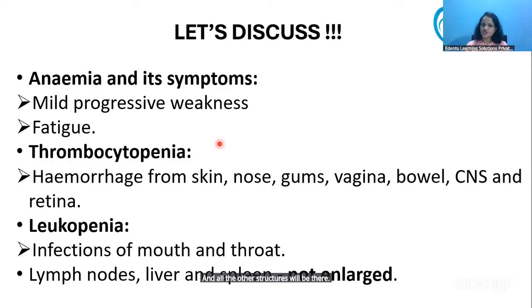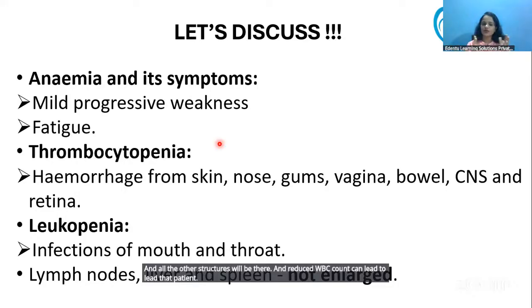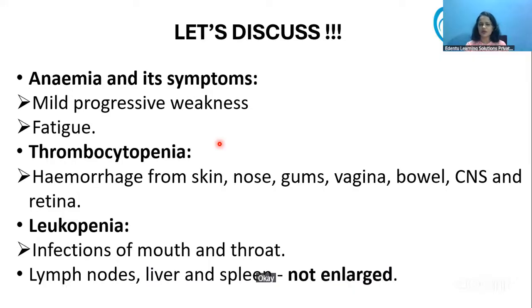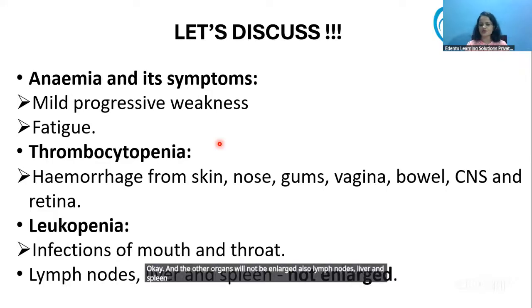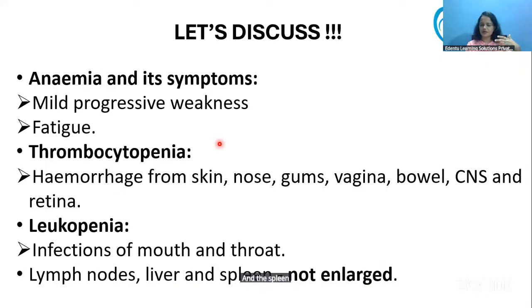And reduced WBC count can make that patient prone to infections, mainly infections of the mouth and throat. The other organs will not be enlarged also. Lymph nodes, liver, and spleen will not be enlarged. No hepatosplenomegaly will be seen, because usually when the spleen or liver is destroying something or making something, their enlargement is seen.